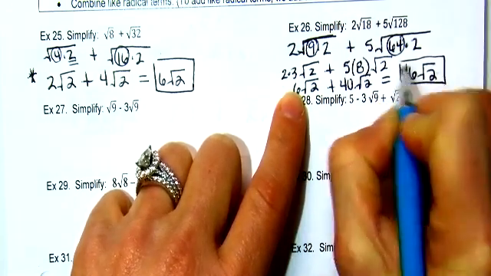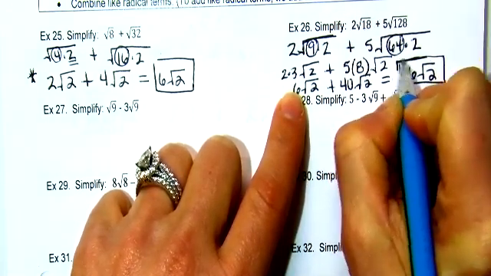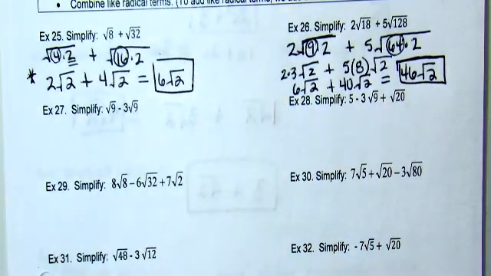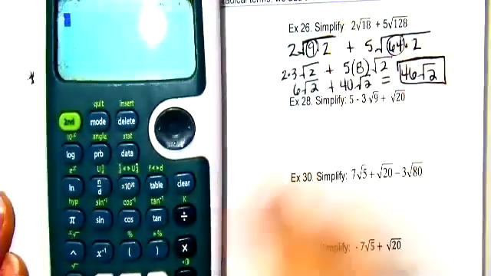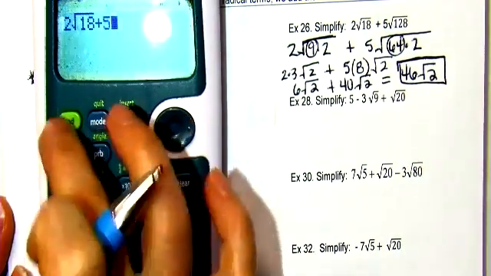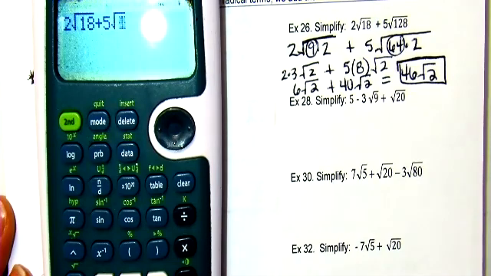Also, there are times where your calculator may not simplify the radical. If it's a big number, sometimes it only goes so far in simplifying it. So you do need to have some basic knowledge of that. Again, I don't know if this would have simplified it left to right for you if you typed it in just like this. Let's go ahead and see. And it looks like it would have.